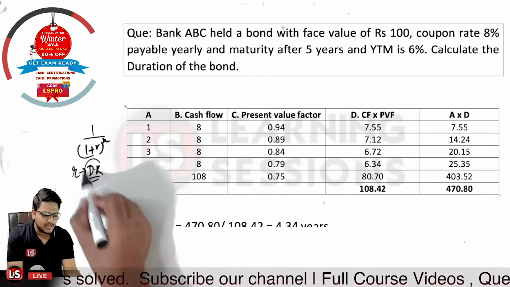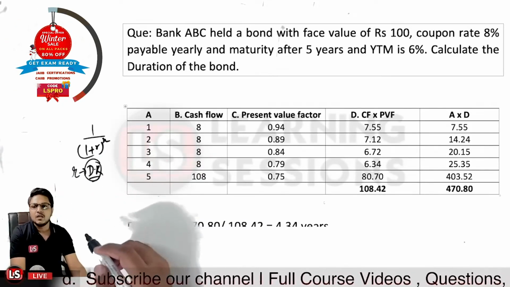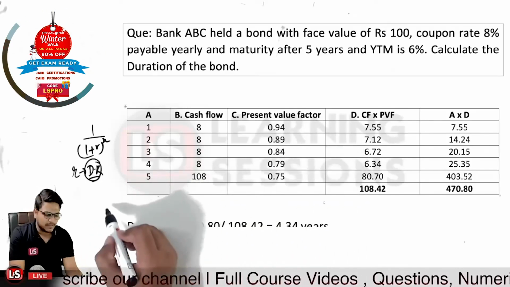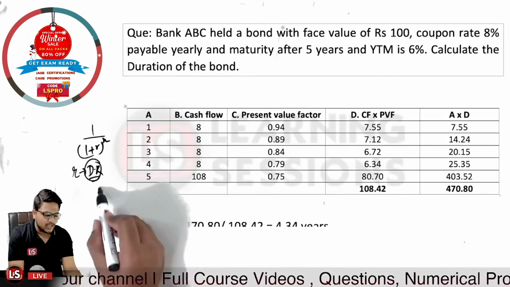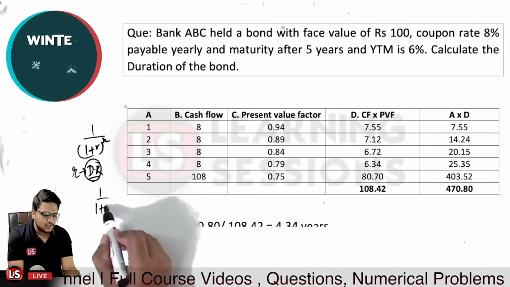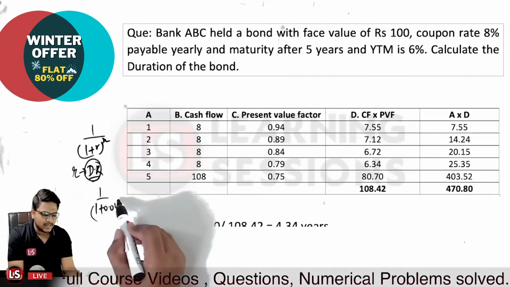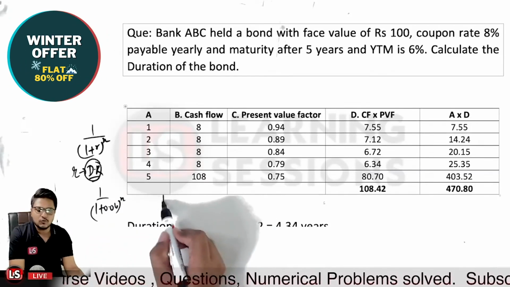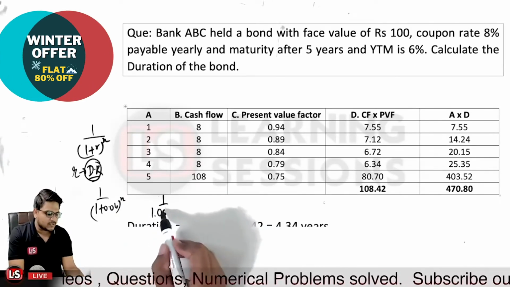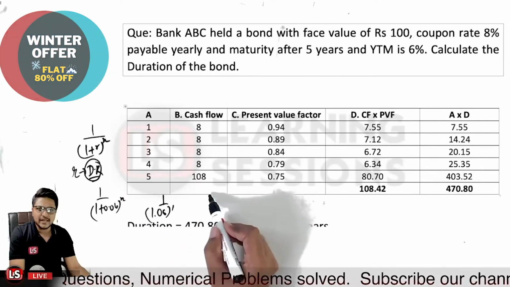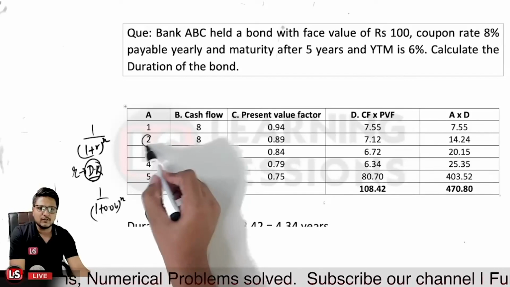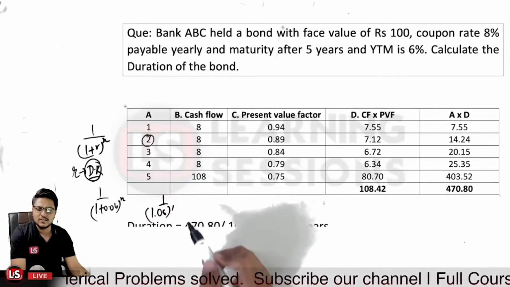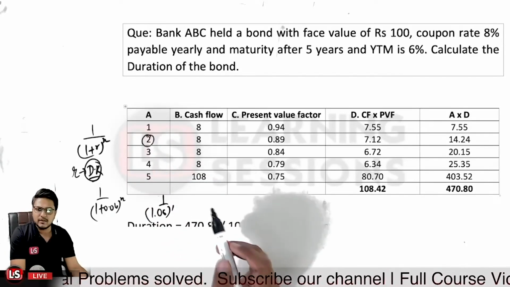In this particular case, we will consider the discounting rate to be the yield to maturity, that is 6%. In decimal, it will be 1 divided by 1.06 raised to the power n. For the first year, it will be 1 divided by 1.06 raised to the power 1. For the second year, it will be 1 divided by 1.06 raised to the power 2, and so on.